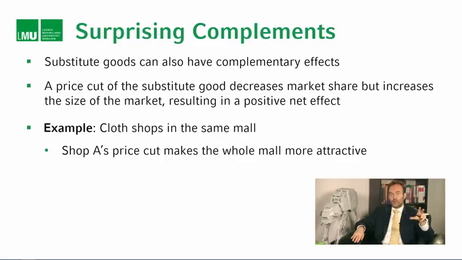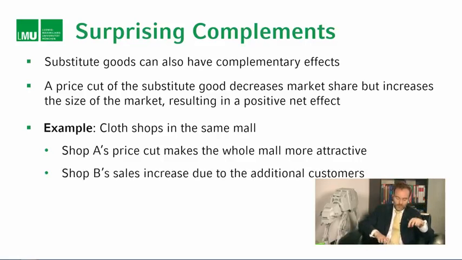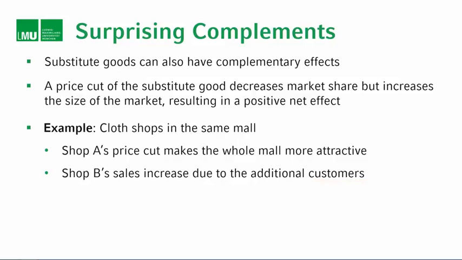Word's going to get around: hey, there's shop A and it's just cut its price, so let's go to that mall and have a look around. So for shop B, even though their prices have not changed, and even though the prices of a competitor have decreased, I might still see a sales increase because I have additional consumers that went to the mall and end up buying from me. So these are surprising complements in some sense, because we wouldn't think of substitute products as complements, but there may be particular complementary effects.